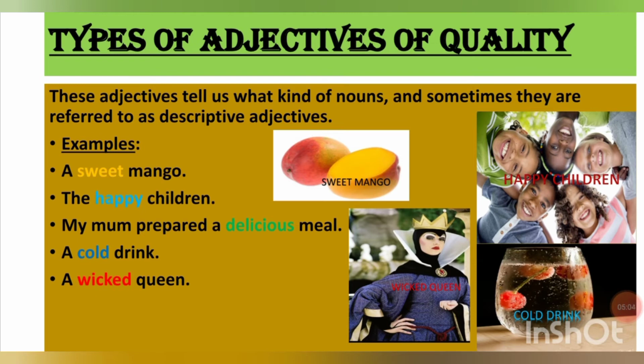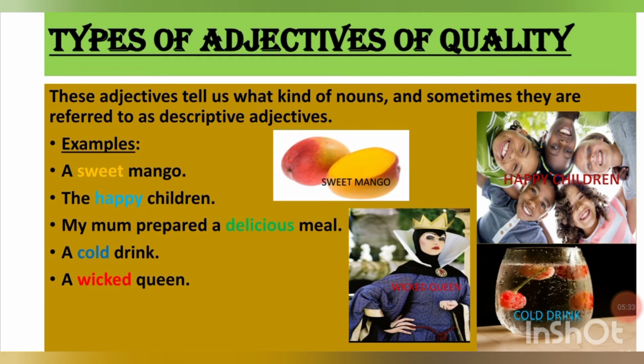So, for example, you have a sweet mango. So take a look at the mango, sweet mango. The word sweet is a descriptive adjective, an adjective of quality, because it tells you the quality of the mango. Okay? Happy children, look at these children. You can tell that these children are happy.